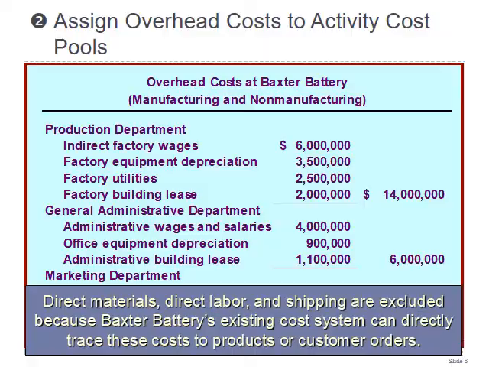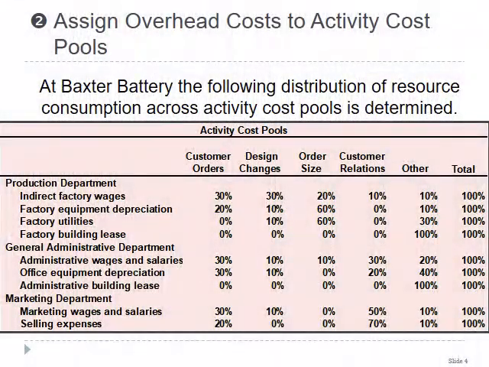Okay, so here, the Baxter batteries cross-functional team from the marketing department, production department, and the factory or office department, their interview resulted in a resource allocation as shown here, right?